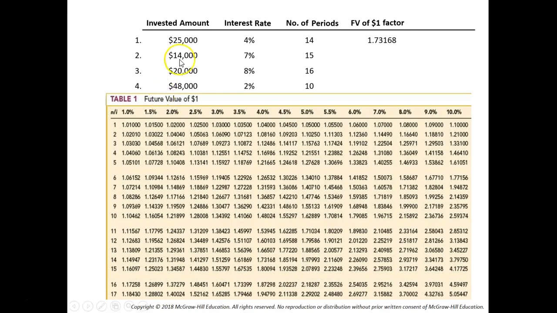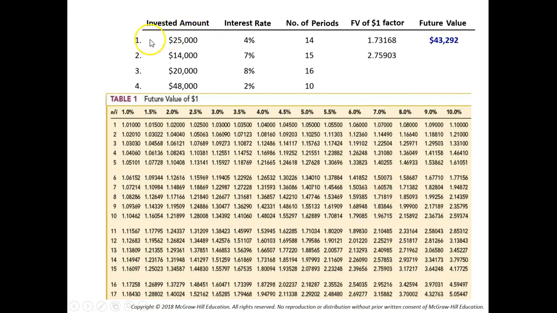Next, if we look at the interest rate of 7% for 15 periods, we go 7, go down here to 15, and you should see the 2.75903. I'm sorry, let me go back to this first one.